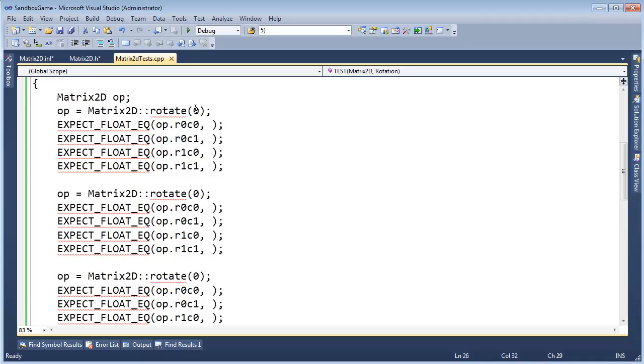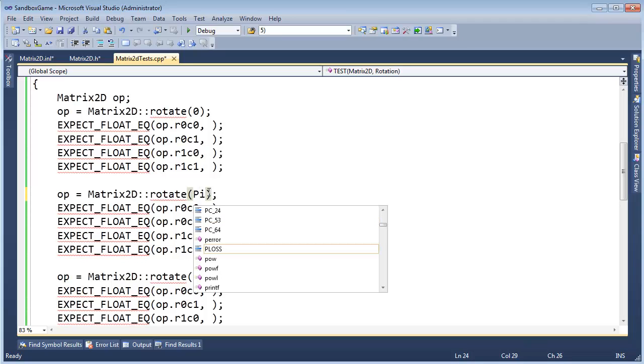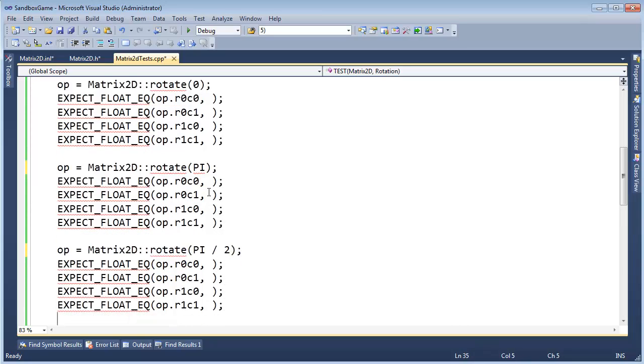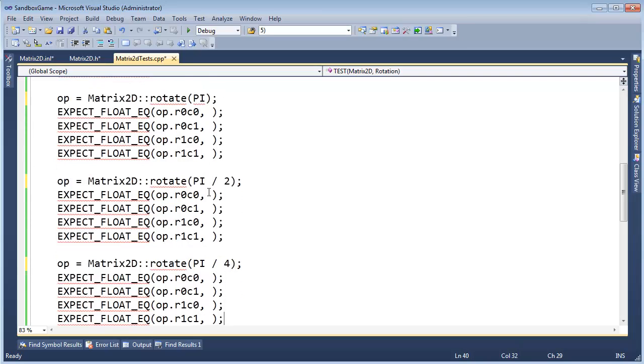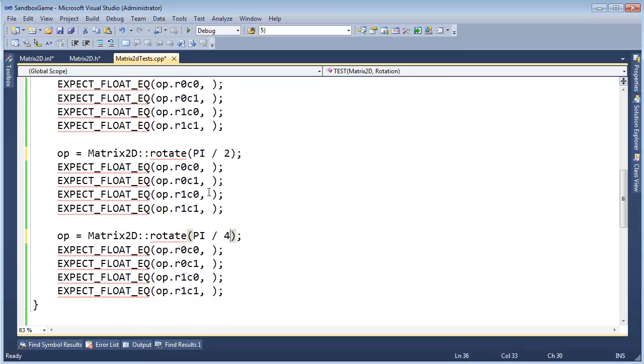Let's see if we're all good. Okay, so rotate by 0, rotate by, I want to say pi, but I don't have a pi. I'm going to pretend like I have a pi for now. Let's do pi over 2, and let's do pi over 4, and let's beef this up a little bit.